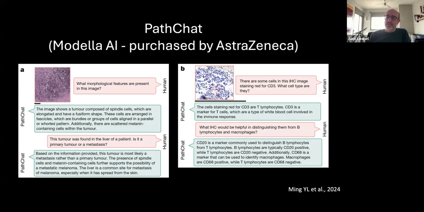This is a startup called Modular that was purchased by AstraZeneca a few weeks ago. So this is already a tool for pathologists, for students and for anyone who's interested in medicine. Very important.